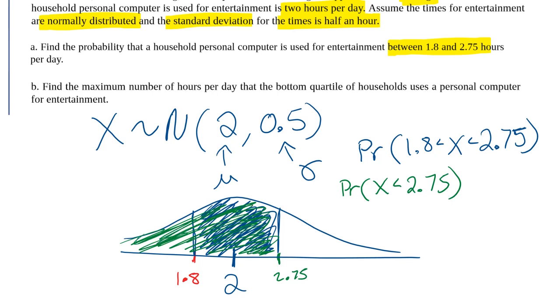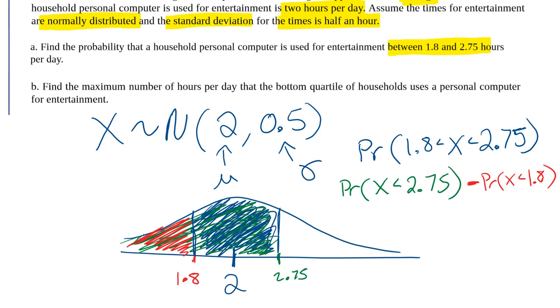We want this little blue area, the area between. So I'm going to take that green area and subtract off the probability that X is less than 1.8, subtracting off this little back tail. If I take the green minus the red, I'll be left with the blue. So perfect, let's go do that in Excel.